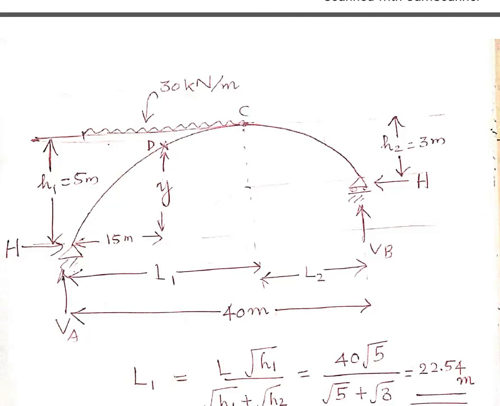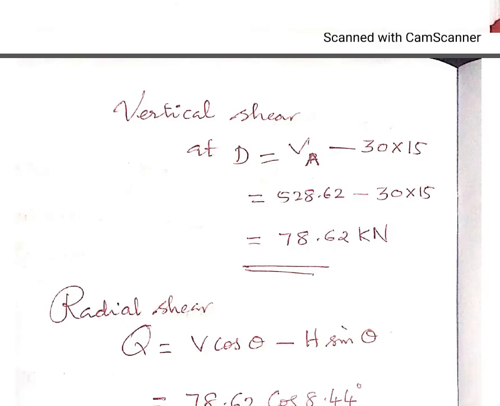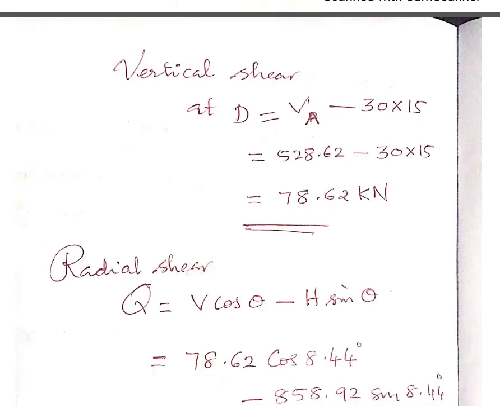That is the shear force at D. So vertical shear at D is equal to VA minus 30 into, sorry, 30 into 15, 30 into x. So VA minus 30 into 15. So that is the shear force at D, the vertical shear at D. And V is the notation we are using for vertical shear at D. Capital V is the notation.